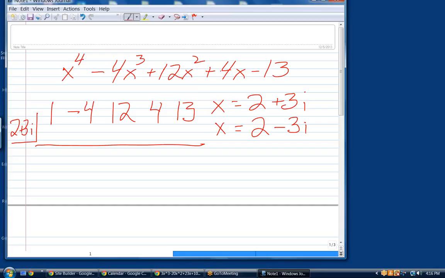Because by the time we divide this fourth degree polynomial by both of these imaginary solutions, we should be looking at a quadratic. A polynomial that's a quadratic that may have two more imaginary solutions, it may have two regular solutions. We'll find out. But let's do this. So tell me how to do this.